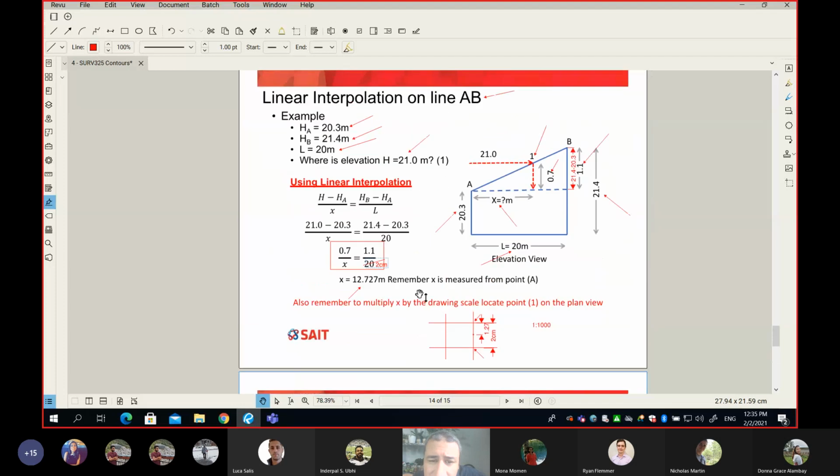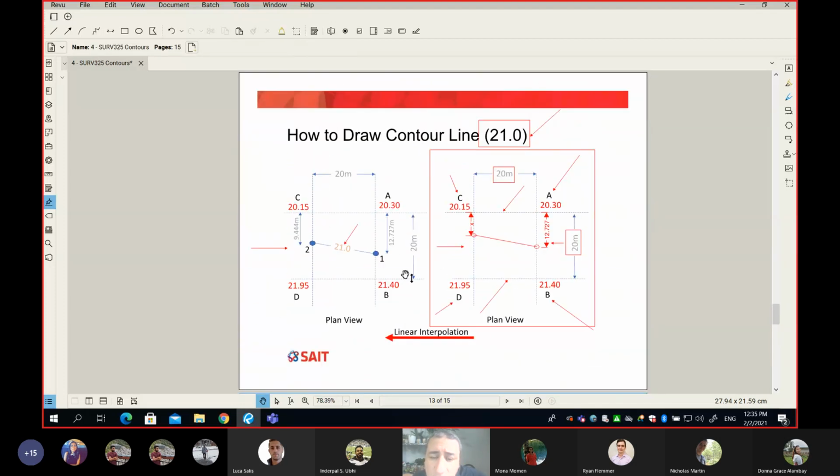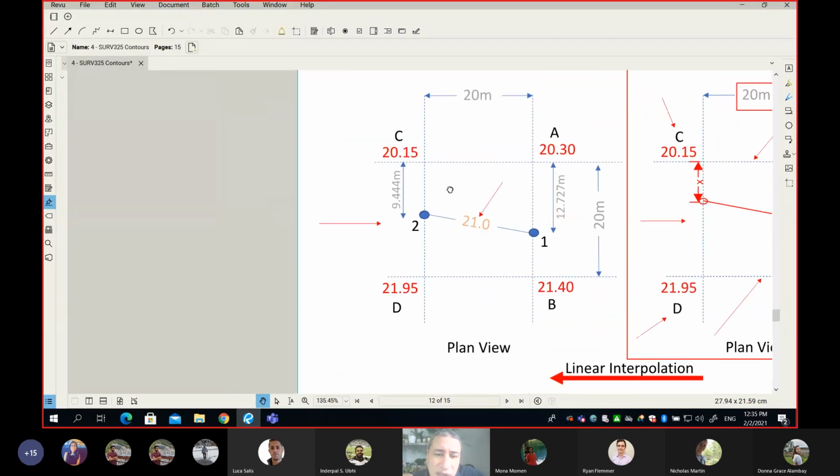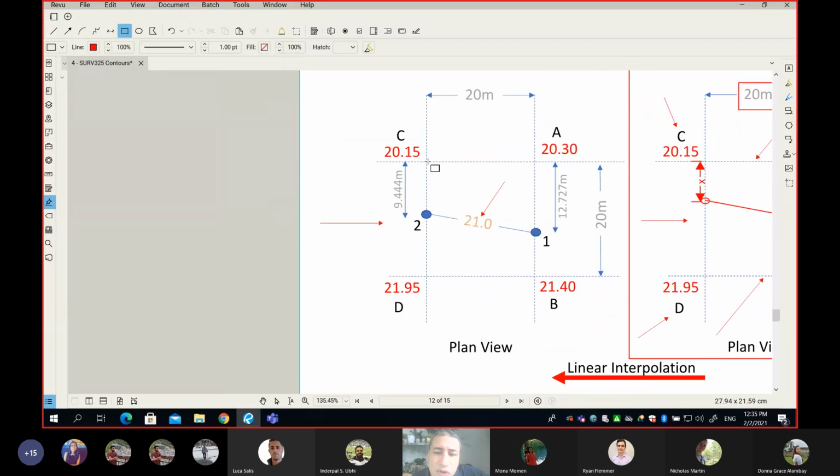So I want you to imagine that I didn't show you the whole process. I showed you how to do linear interpolation. However, you need to imagine, what if I give you more data? For example, let's say I give you another square here of known corner elevation. So I give you the elevation at this corner as well, and the elevation of this corner as well. You know what's going to happen? You need to keep going.